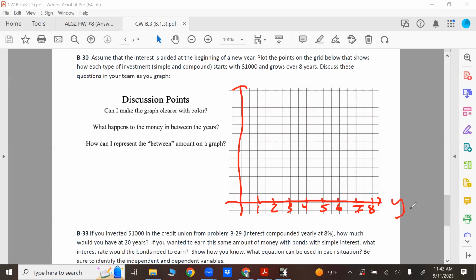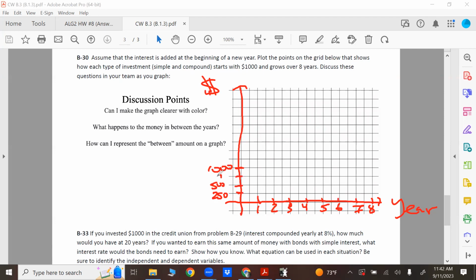This is going to be year, that's independent. That's going to be money, and we start with $1,000. So we'll make that 1,000, which means each spacing is 250.